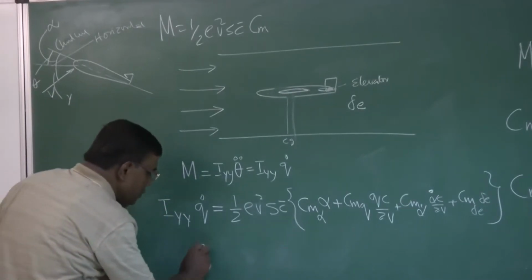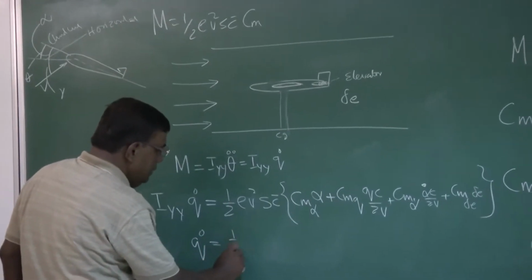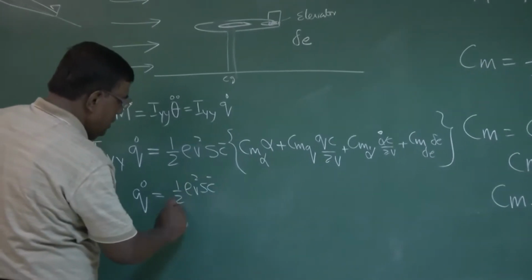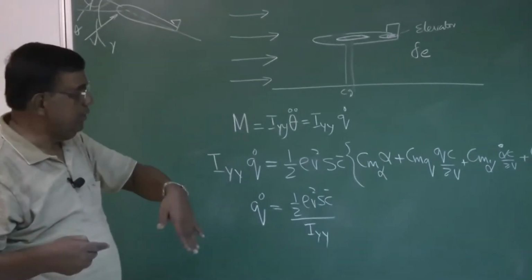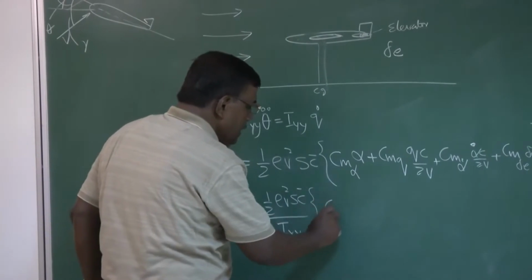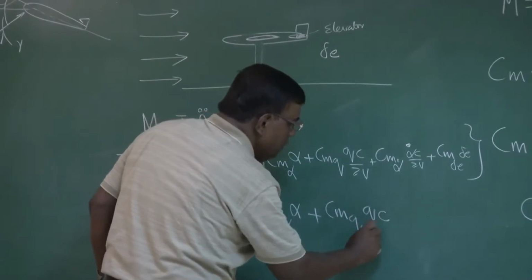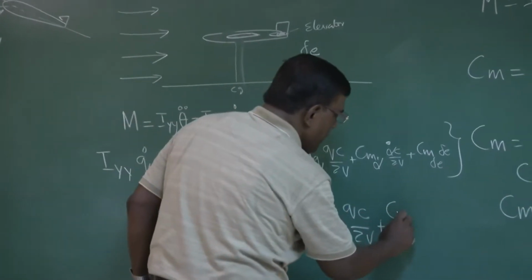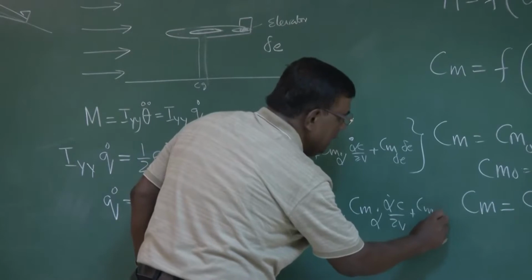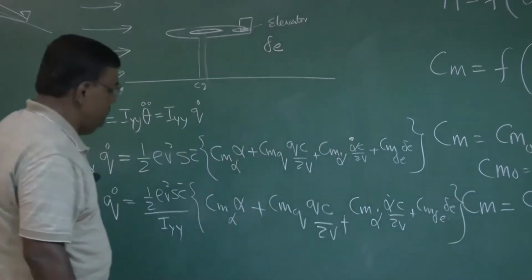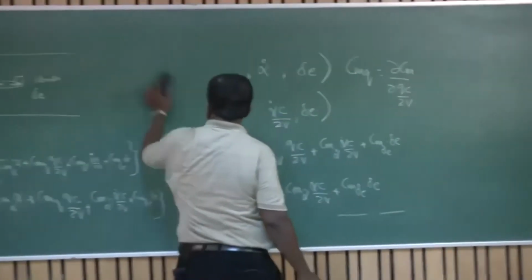So now I can write q dot equal to half rho v square S c bar by Iyy, where Iyy is the moment of inertia about the y-axis, into Cm alpha into alpha plus Cmq into qc by 2v plus Cm alpha dot into alpha dot c by 2v plus Cm delta E into delta E. Now let me write in a neater form so that there is no confusion.